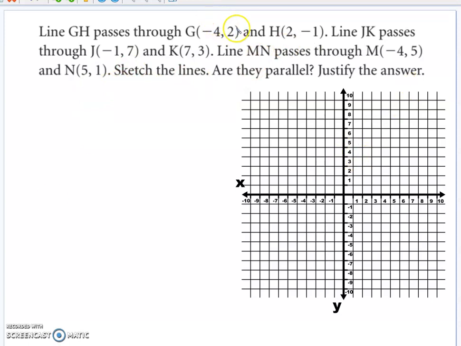So I am going to start by drawing these points. -4, 2 is our first dot, that's G. And then we have H is 2 and -1. So we'll make a line through that. I'll try to stick to the same colors. The next one, let's do a red one. This is JK this time. So we have -1 and 7.